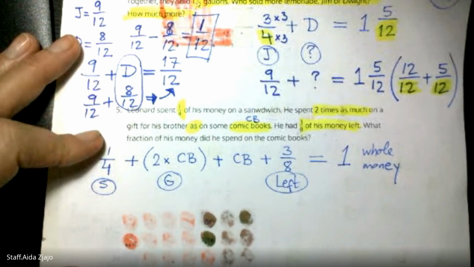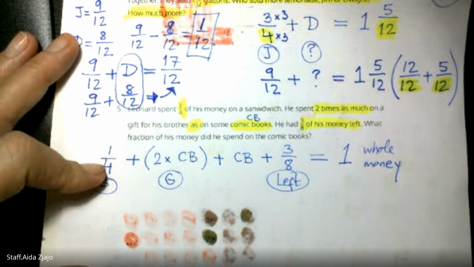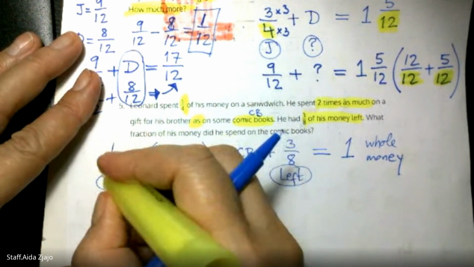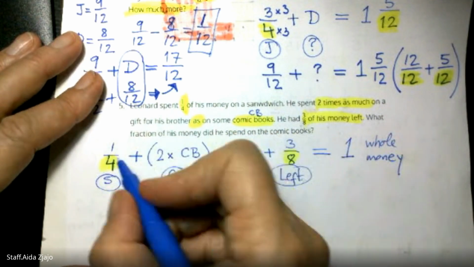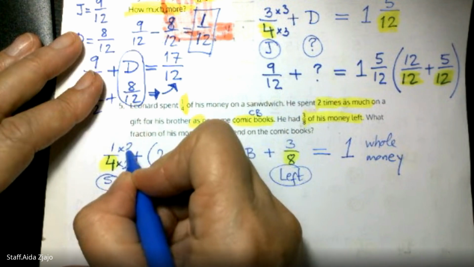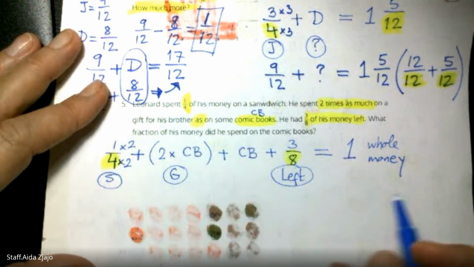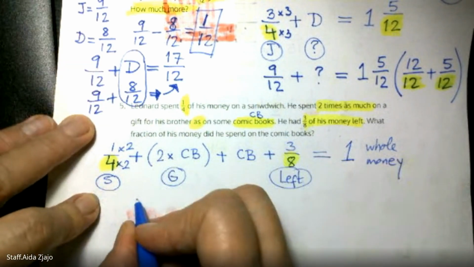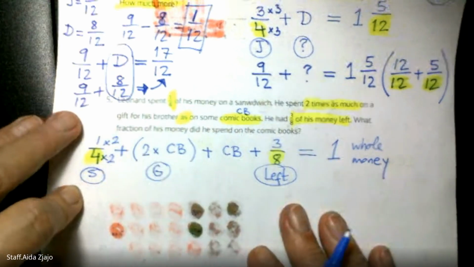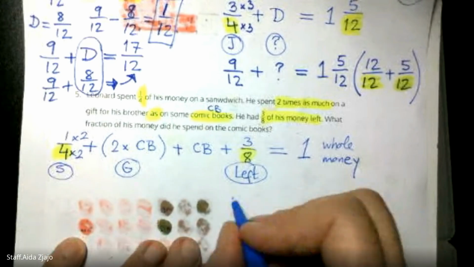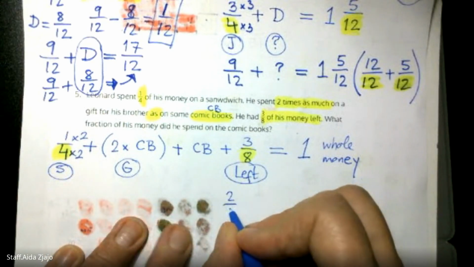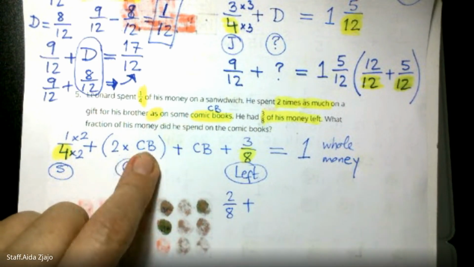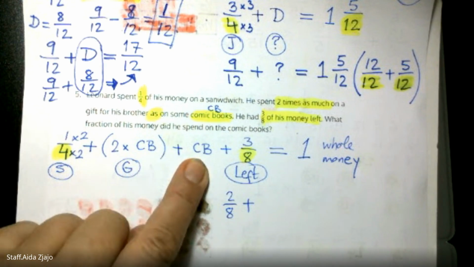So I look at the fractions. There are 4ths and there are 8ths, so it's easy to change the 4ths into 8ths by multiplying by 2. That's our first step. So 1/4 is really 2/8. I'm going to rewrite here because of the mess. 2/8 plus 2 times CB plus CB.